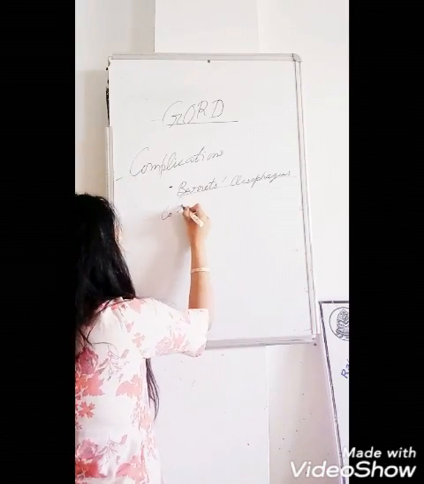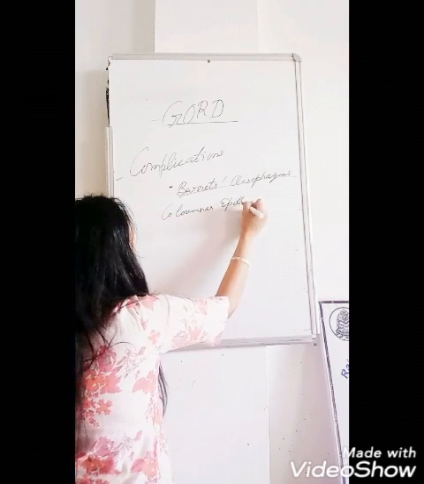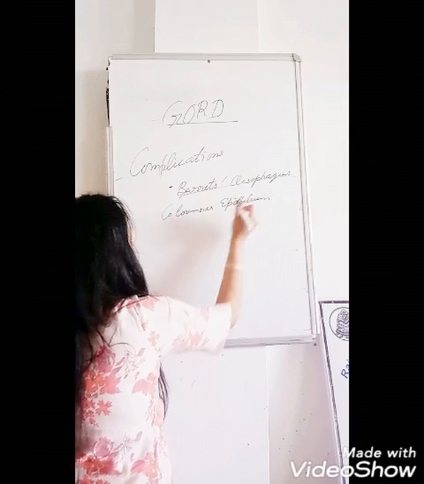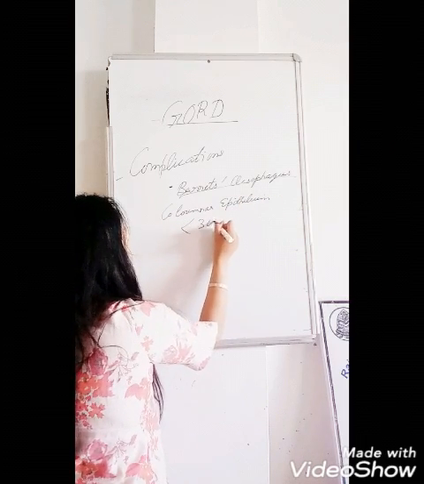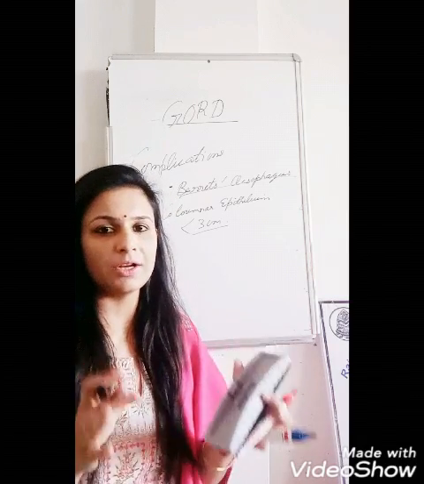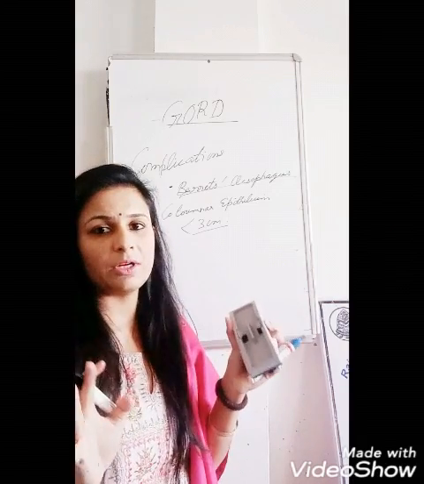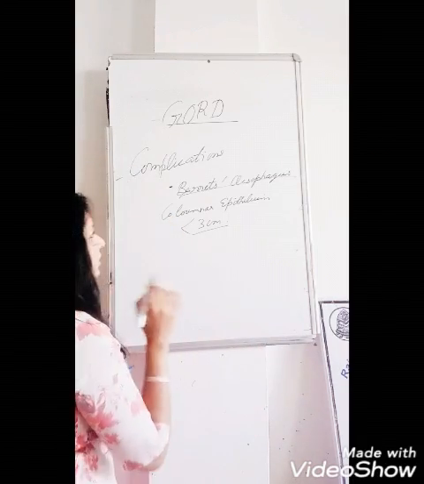So the columnar epithelium will be more than 3 cm at the esophagocardiac junction. So there will be more than 3 cm of the columnar epithelium.